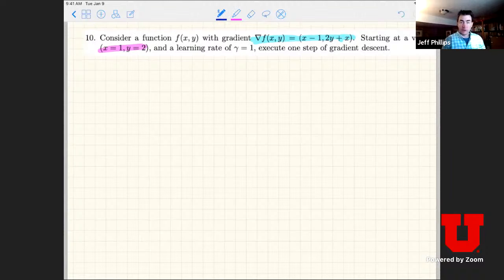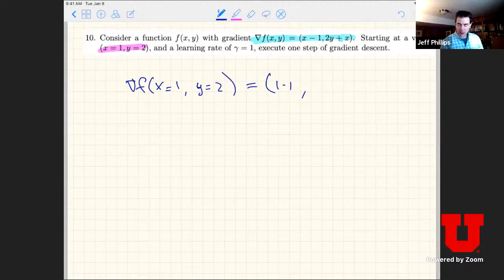Okay, so I need to do a couple things here. I need to evaluate the gradient at these values, x equals 1, y equals 2. The first term is x minus 1, and x equals 1, so 1 minus 1.